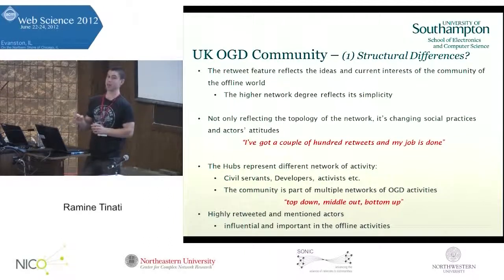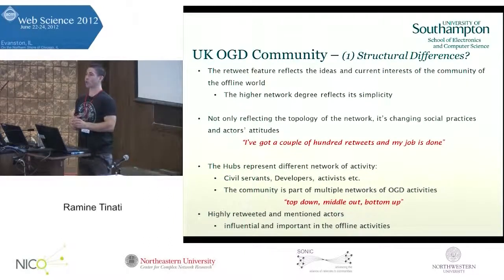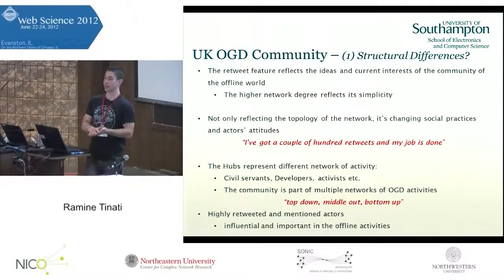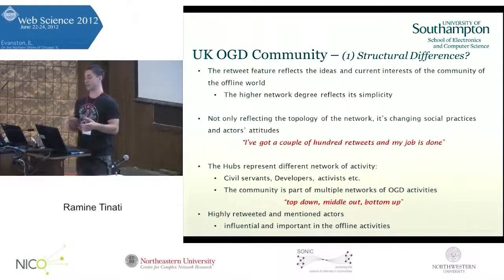But what's really interesting is not only that the people that were highly retweeted were quite influential in the offline world as well. That confirms that in this instance the highly retweeted were actually the people doing stuff.